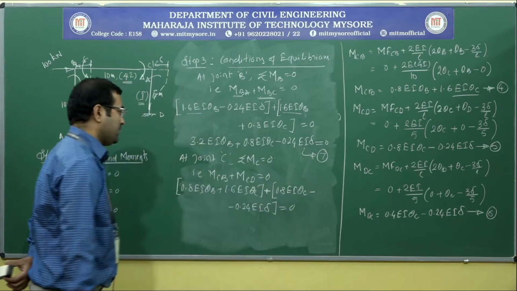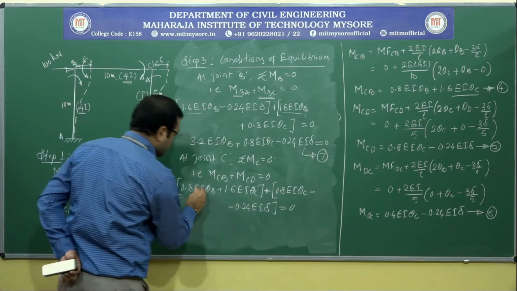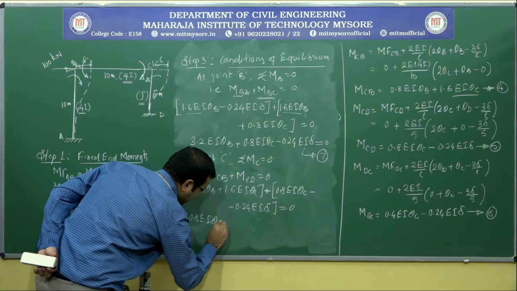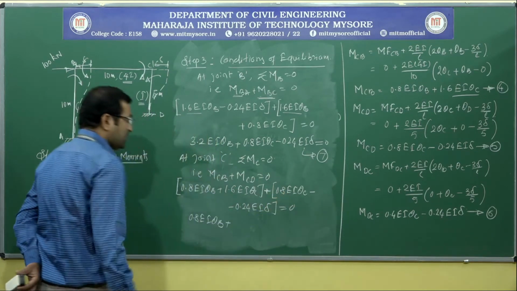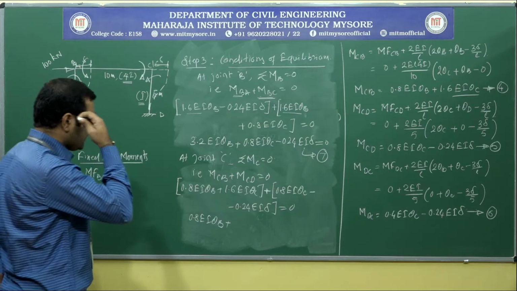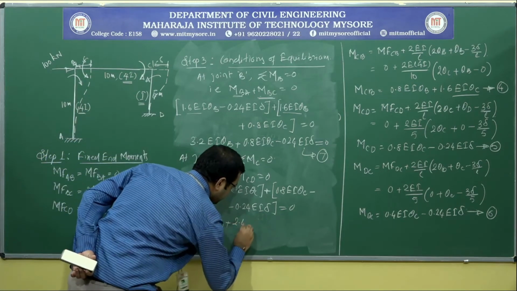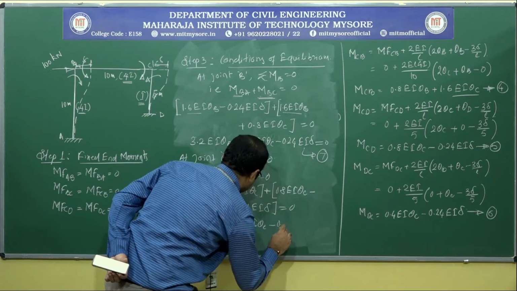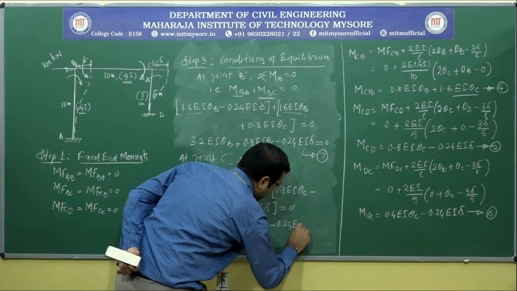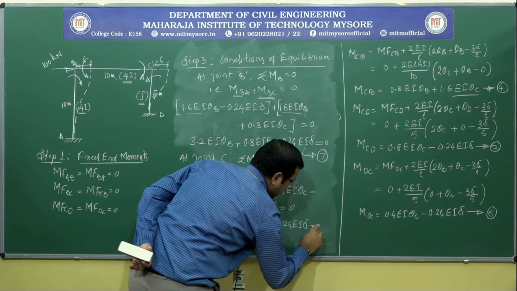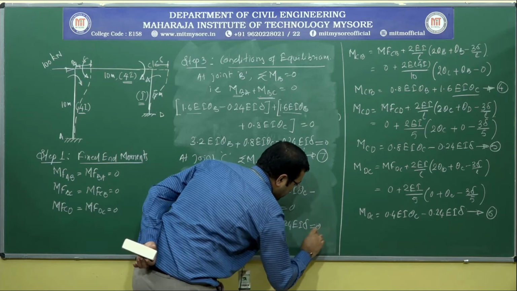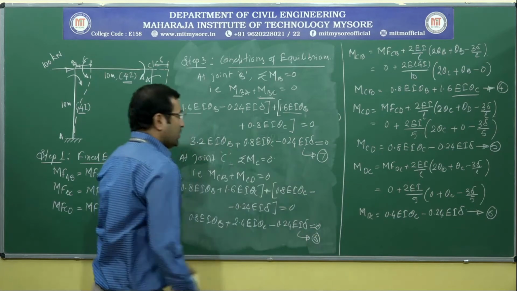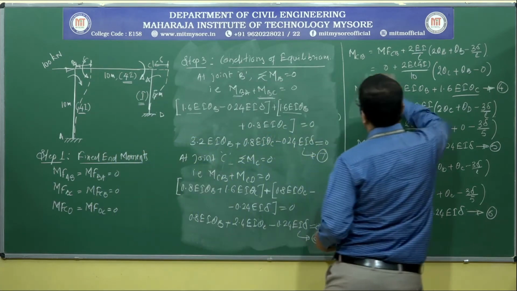This sum should be 0. So here we have one term of theta B, that is 0.8 EI theta B, plus we have two terms of EI theta C, that is 2.4 EI theta C minus 0.24 EI delta. So this sum should be equals to 0. So let us call this as equation number 8. So up to this point you are very well known.